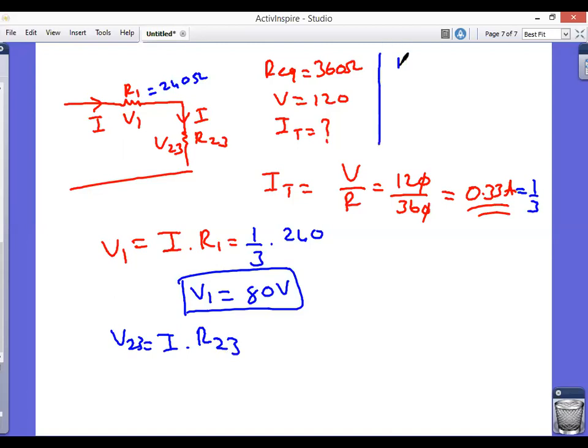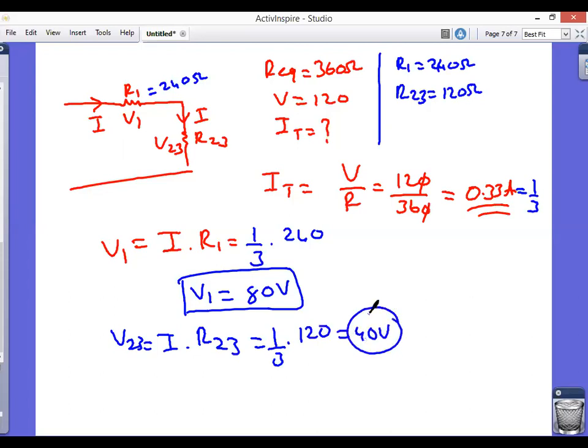Let me write over here: equivalent resistance is 360, R1 is 240, R23, the combination we found, is 120 ohm. So let's put 1 over 3 times 120, then we are going to get 40 volt for V2 and V3. That means V1 is going to be 80, V2 is going to be 40, and V3 is going to be 40.